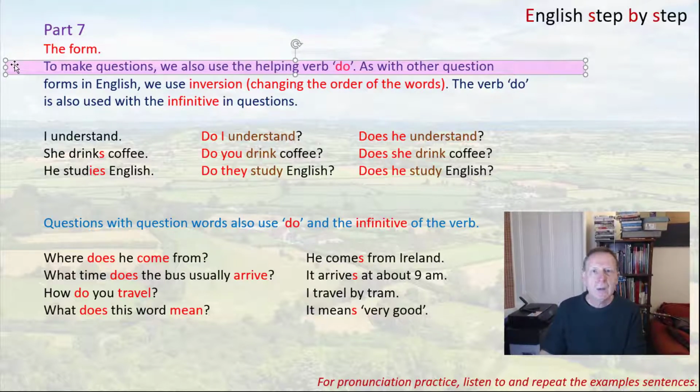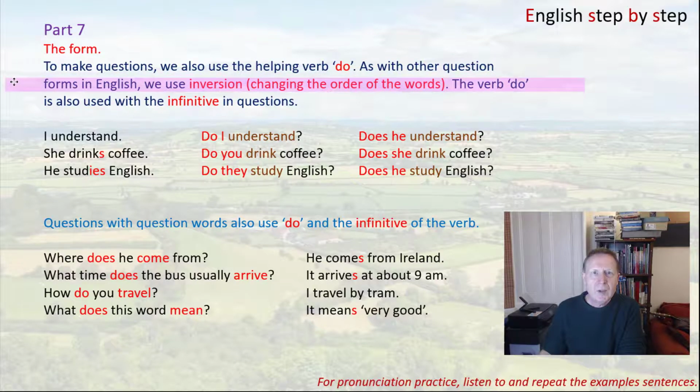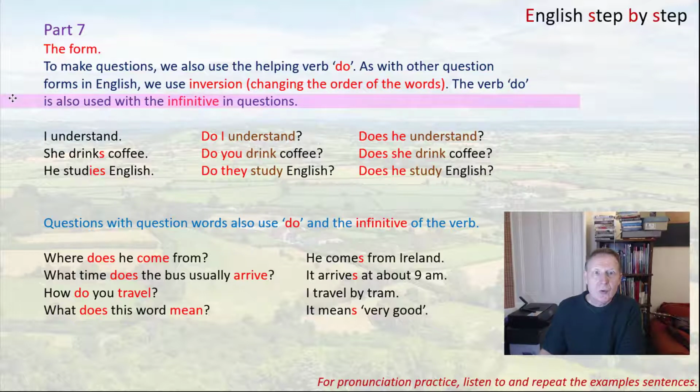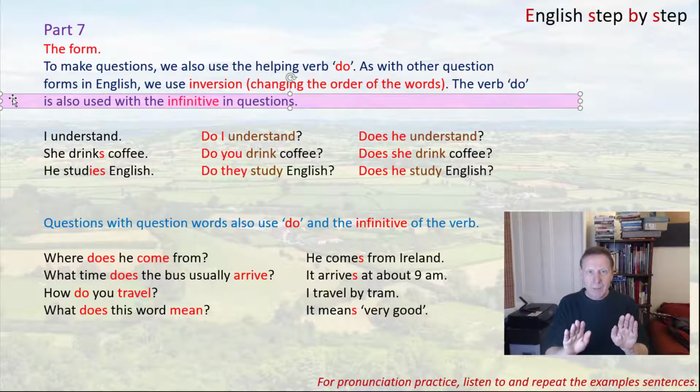In this case, we're using do, and we need do to make the negatives and the questions. So as with other question forms in English, we use inversion, changing the order of the words. The verb do is also used with the infinitive in questions. So we're making an inversion with the subject and the helping verb do.